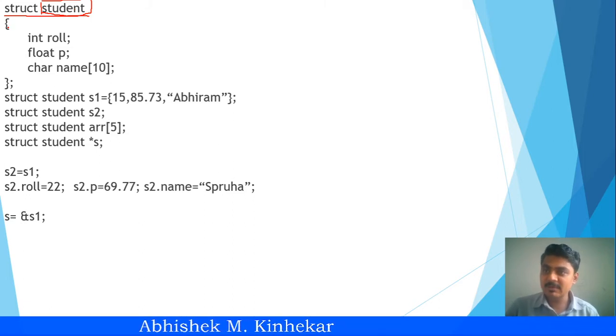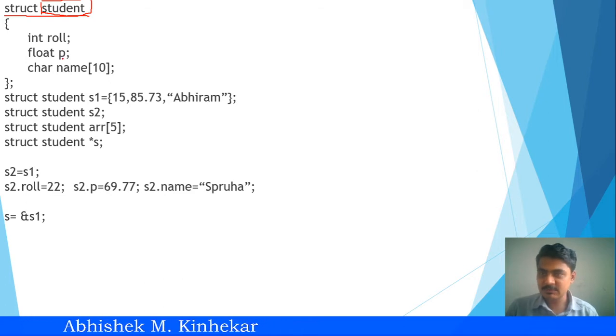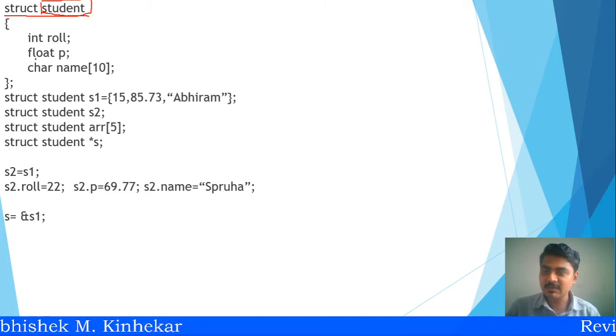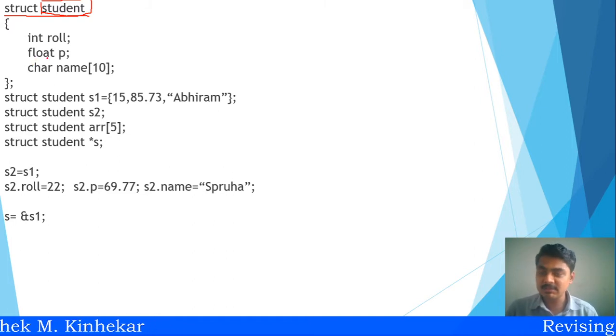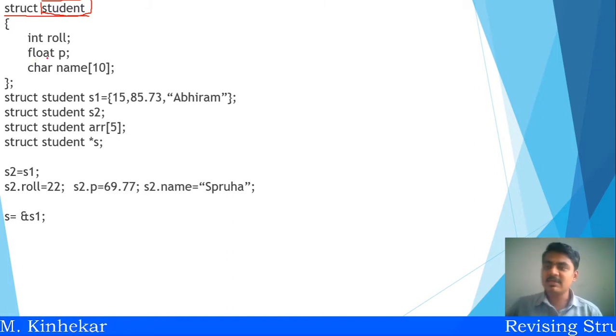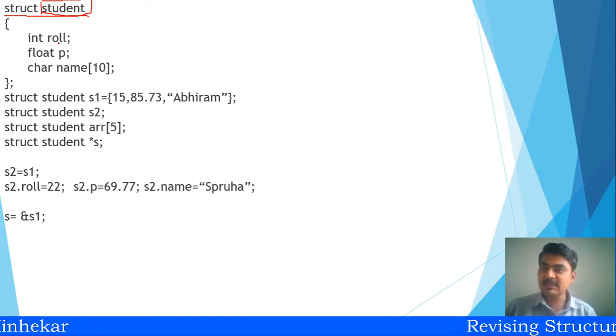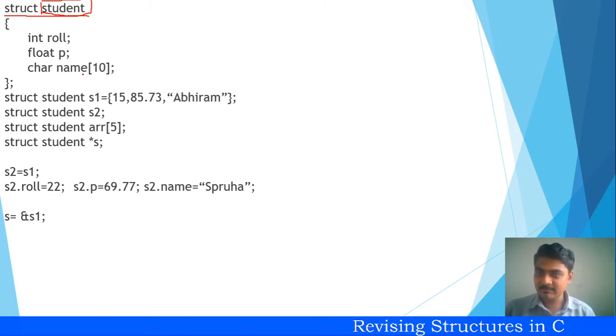Then we open a curly bracket and declare the members of a structure. Whatever elements are present within the scope of the curly brackets are called members of the structure. How many members are there? There are 3 members in this case. One member is named roll, another is named p, and next is a string by the name name. It is an array of size 10 of type character.